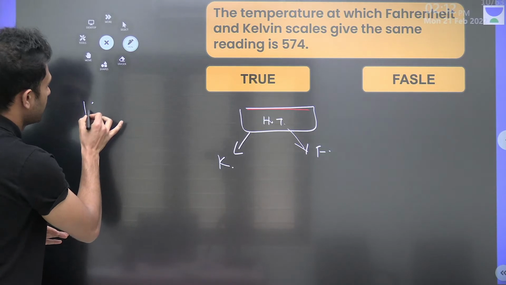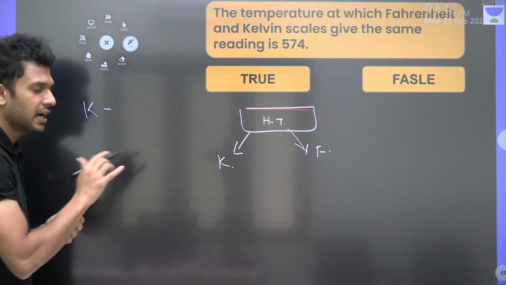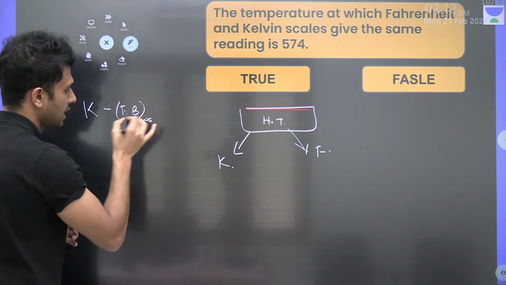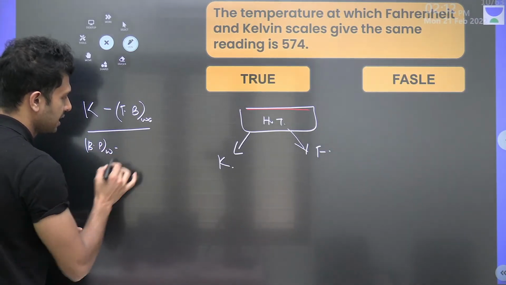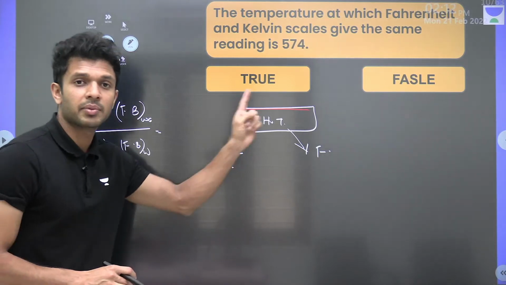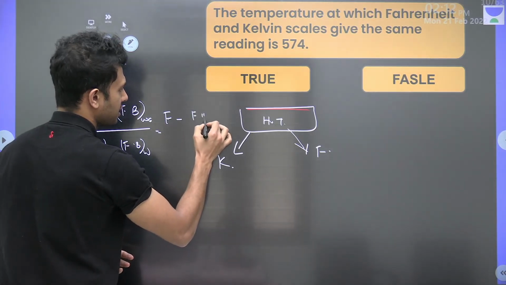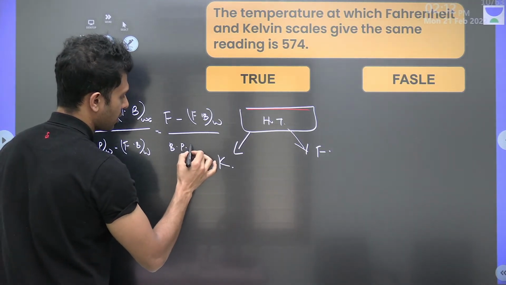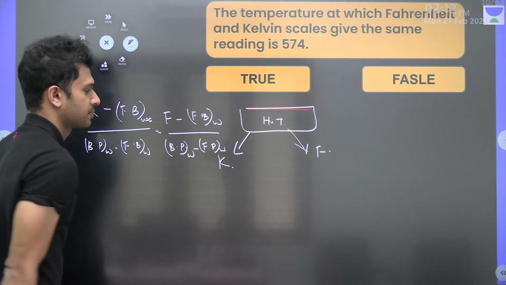That is, temperature of a body in one scale, here let's say it's in Kelvin scale, K, minus the freezing point of water in that same scale, the whole divided by boiling point of water in that same scale minus freezing point of water in that same scale, will be equal to the temperature of the same body in another scale, here Fahrenheit, minus freezing point of water in that new scale, divided by boiling point of water minus freezing point of water in the other scale.